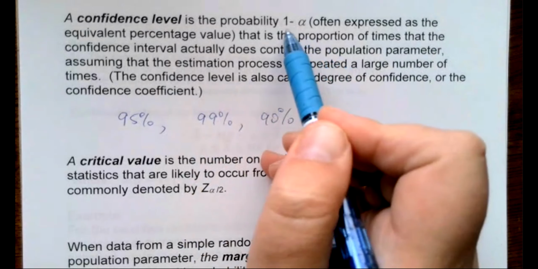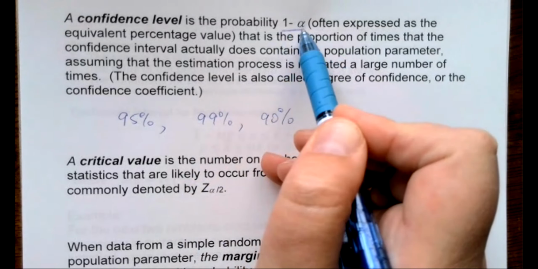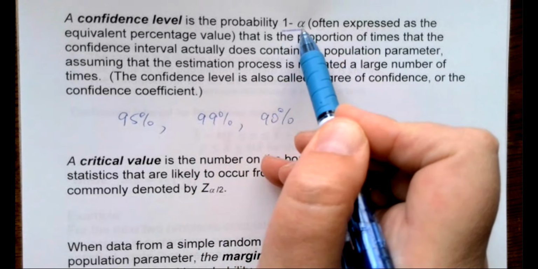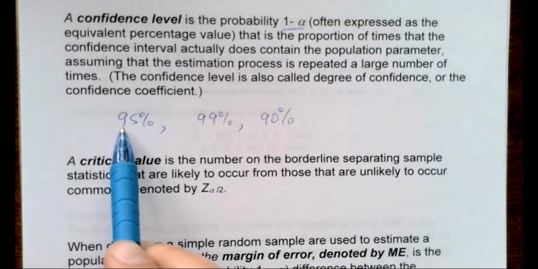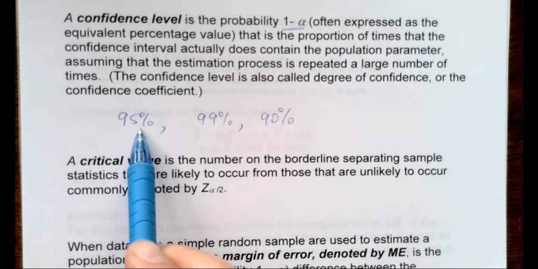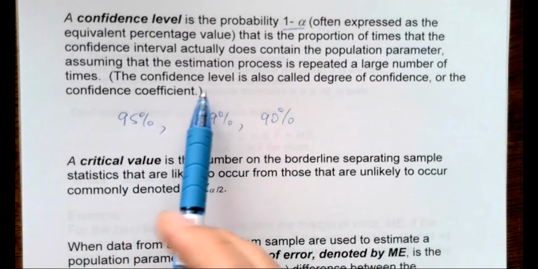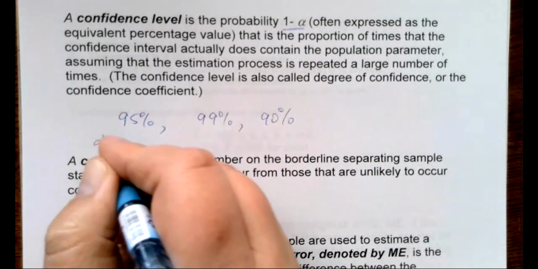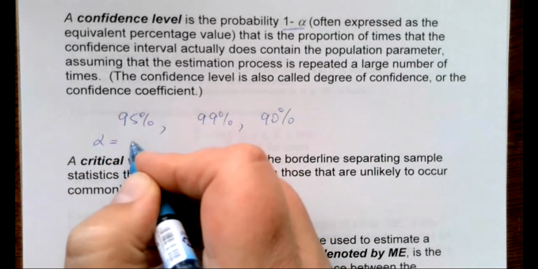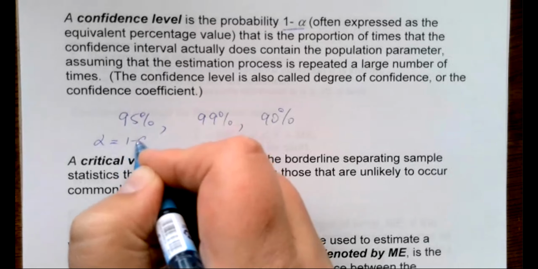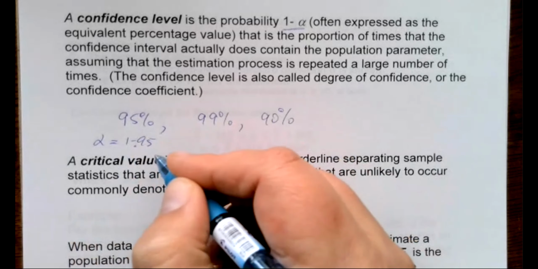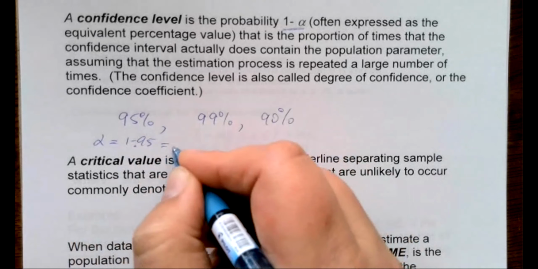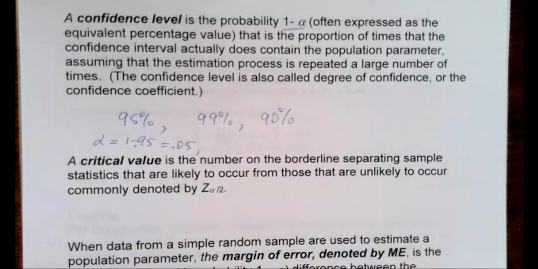Now, notice that in the definition we're mentioning alpha, and the confidence level is 1 minus alpha. So if we have a 95% confidence level, that means that alpha is 1 minus 0.95, with 95% in decimal form being 0.95, which gives 0.05.